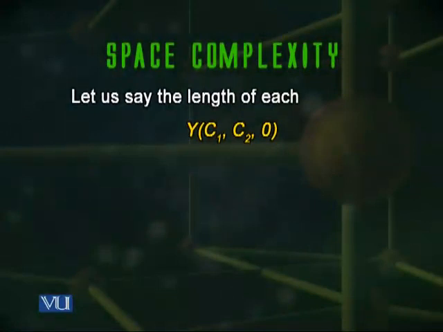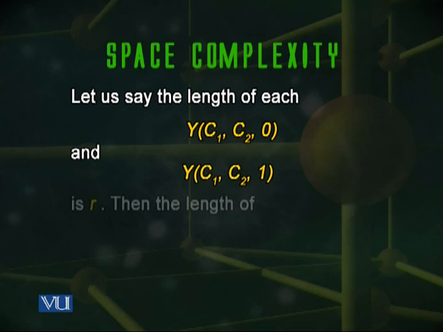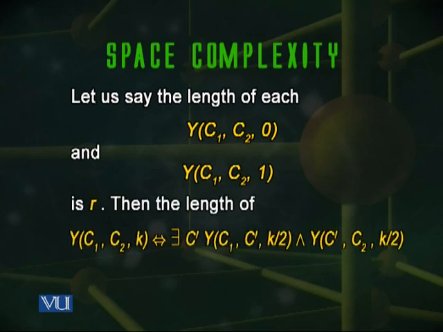Let's say that the length of each of these formulas, y of C1, C2, 0 and y of C1, C2, 1, is r. Then what would be the length of y of C1, C2, k, which is written as there exists C prime, y of C1, C prime, k over 2 and y of C prime, C2, k over 2? What would be its length?